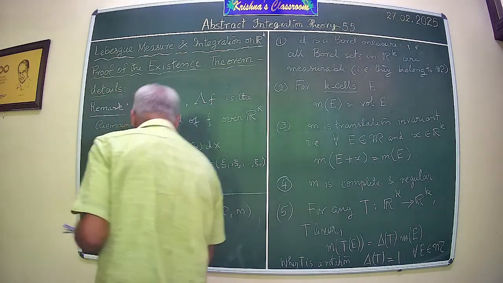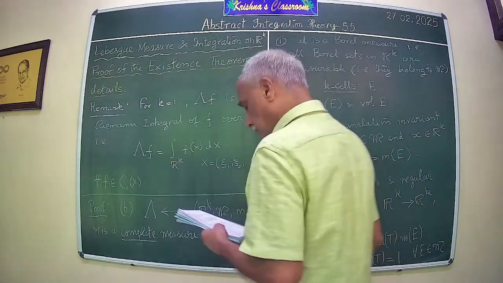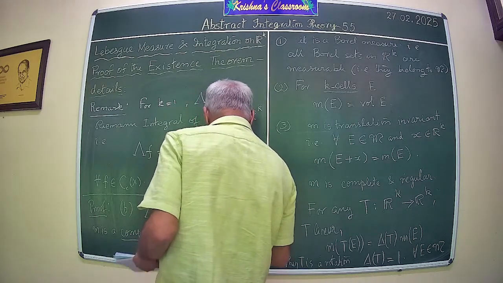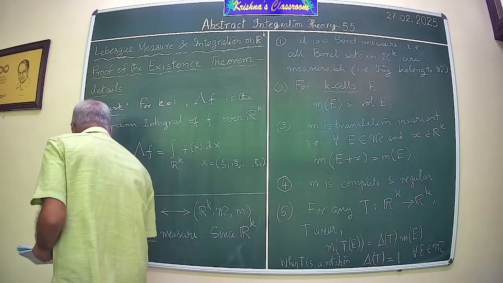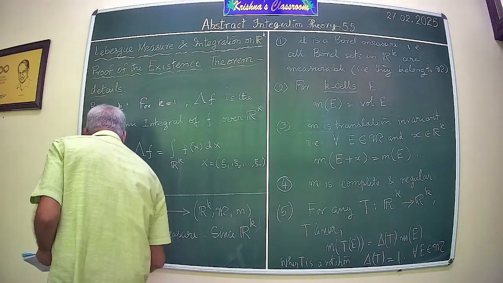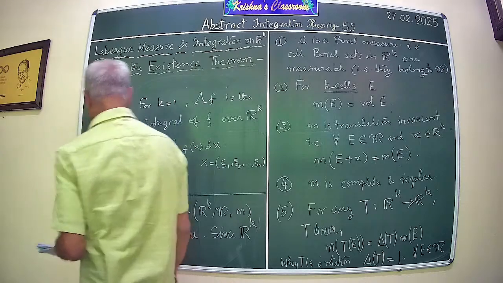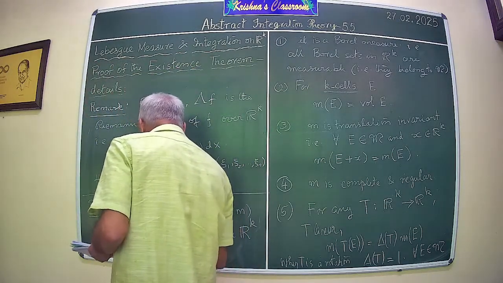So that comes out straight away from the theorem that we have proved earlier. Since R^k is sigma compact, M is regular.